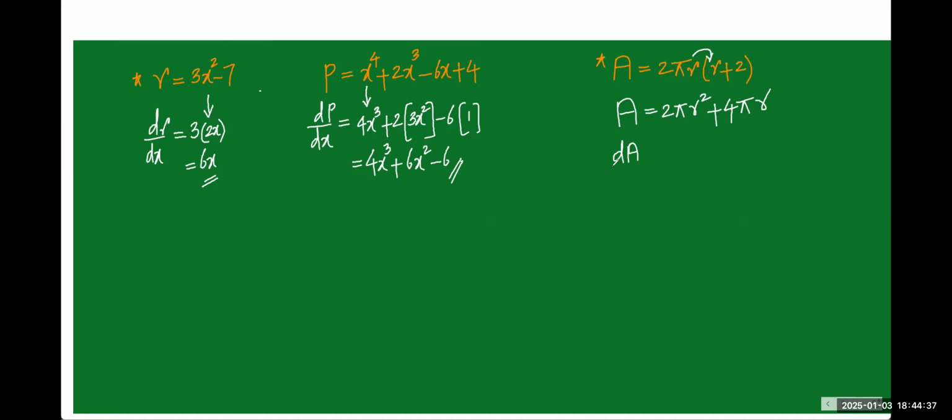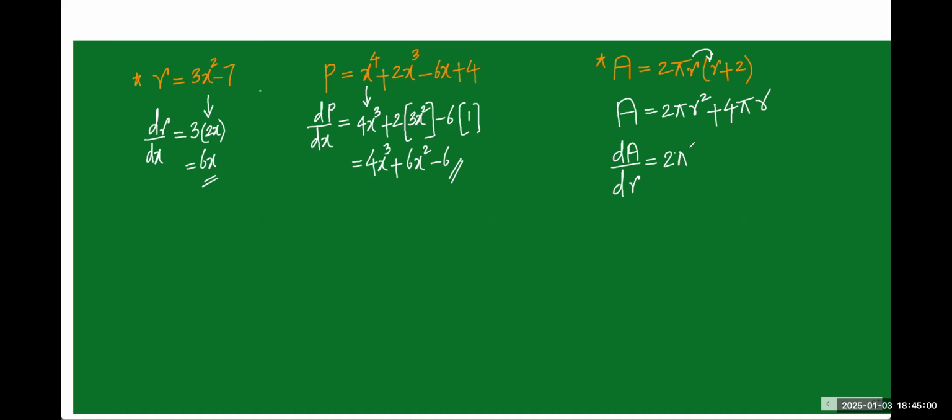You multiply the whole bracket with 2 pi r. Otherwise, some specific rule we have to apply. That rule I will tell you after the break, that is also in our syllabus. 2 pi is a constant.